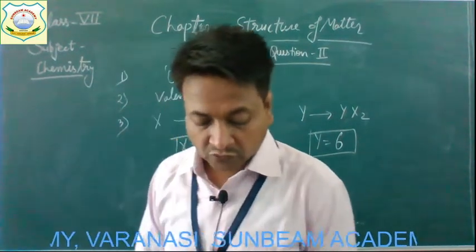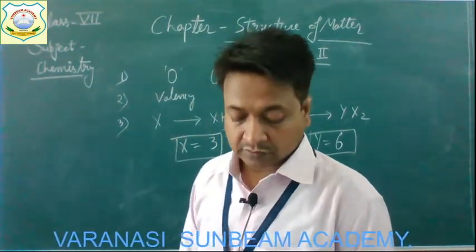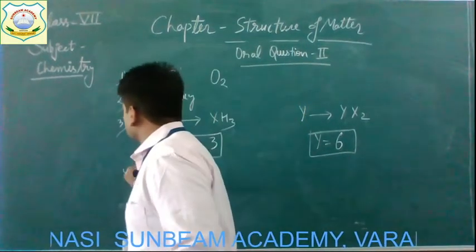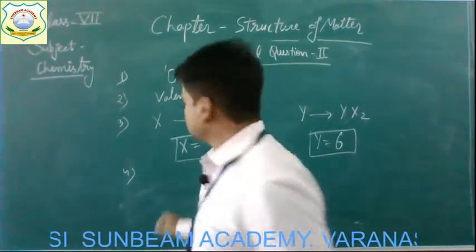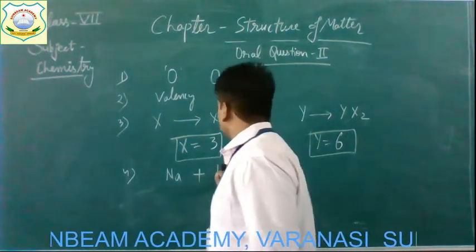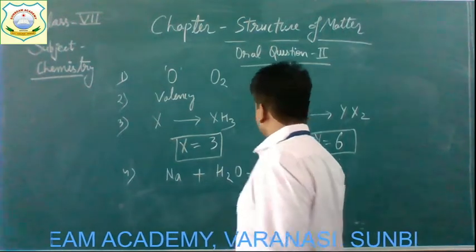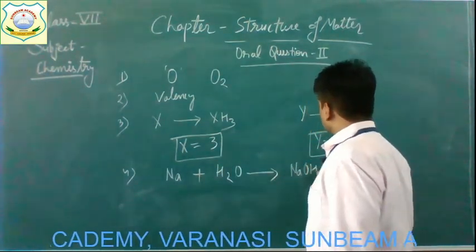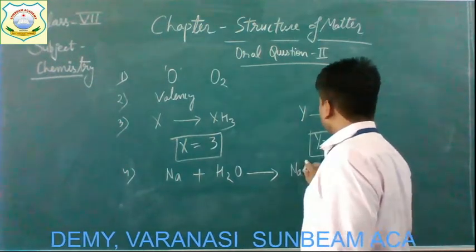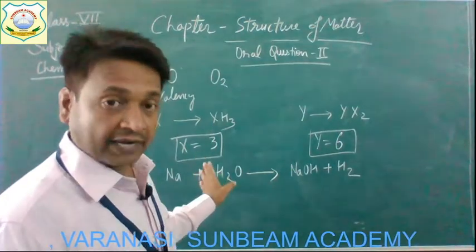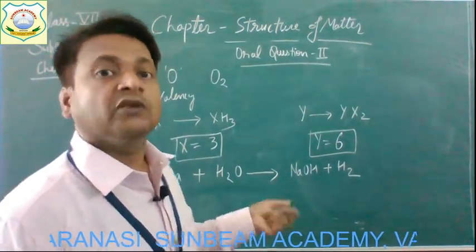Now, question number 4: is the equation balanced? Why? An equation is given in question number 4: sodium reacts with water and forms sodium hydroxide and hydrogen. It is asked whether this equation is balanced, and if not, why not.